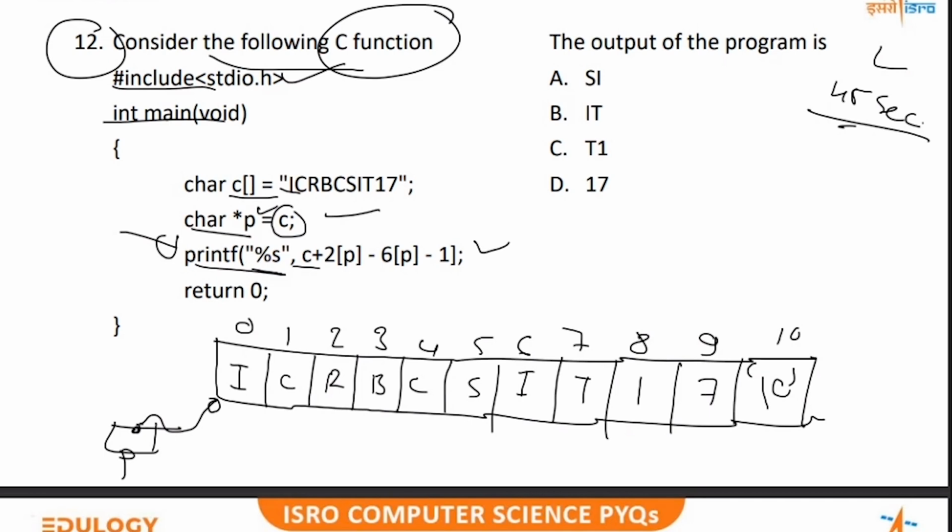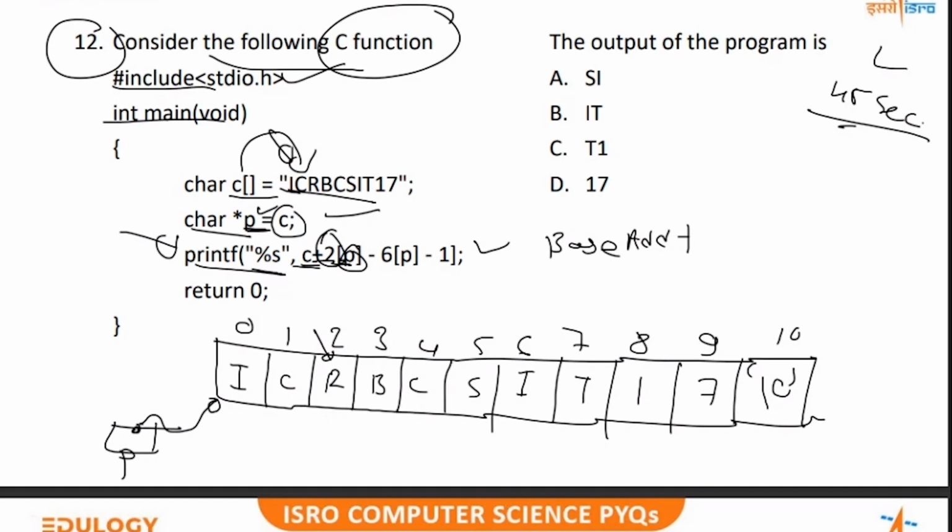What is c? It is pointing to the character array, the base address of the character array. What does plus 2p mean? p points to this character array, and we are talking about the element at the second index.